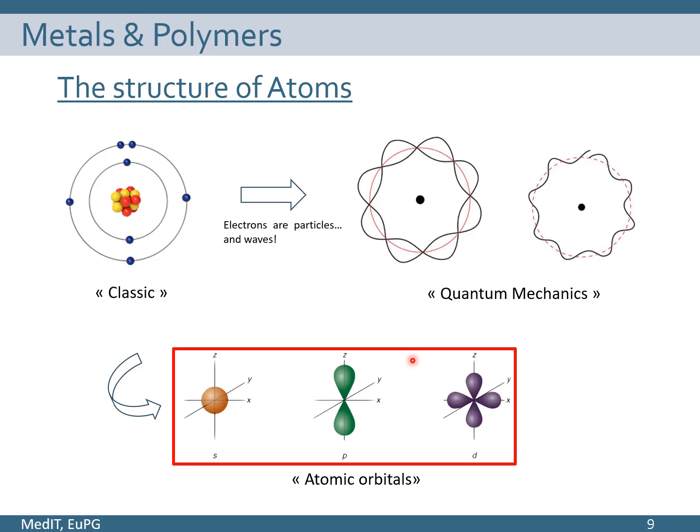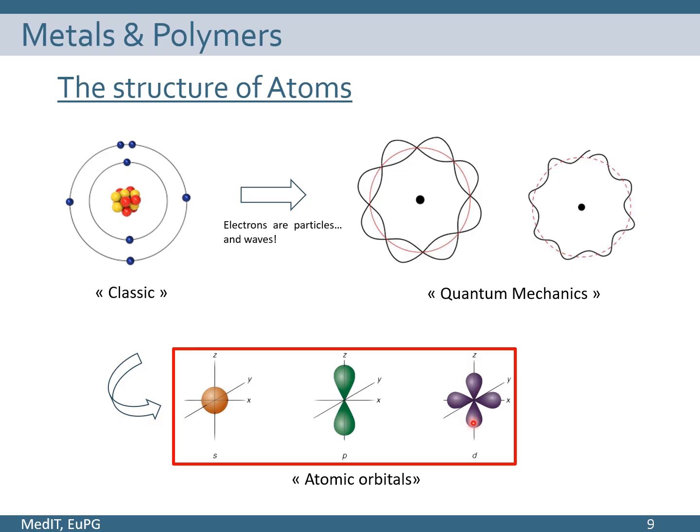So, the first atomic orbital on the left is completely spherical. It is called an s orbital. The second here, with two lobes, is a p orbital. The third one here on the right is a d orbital.